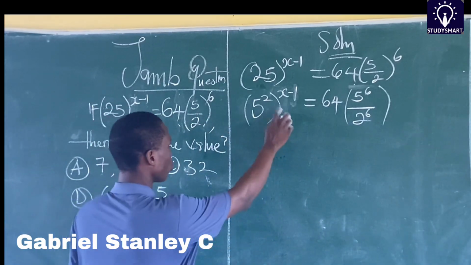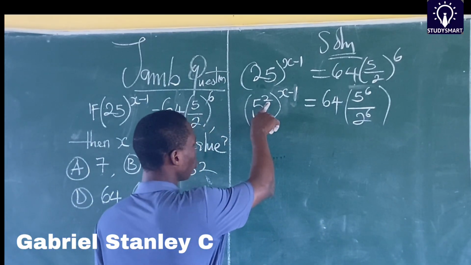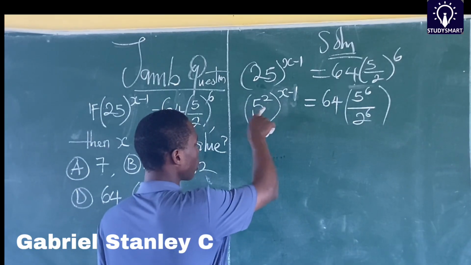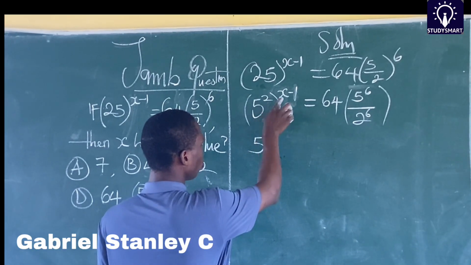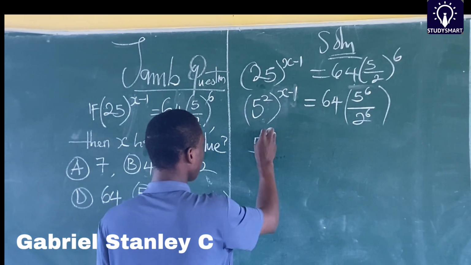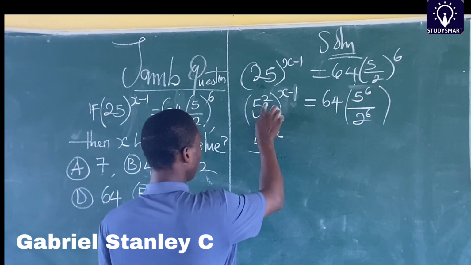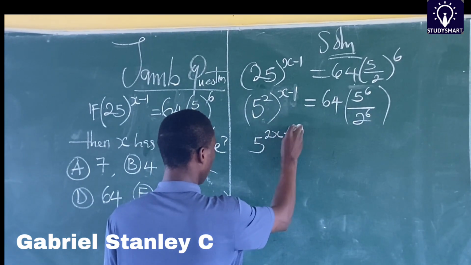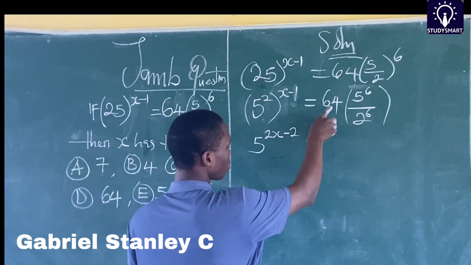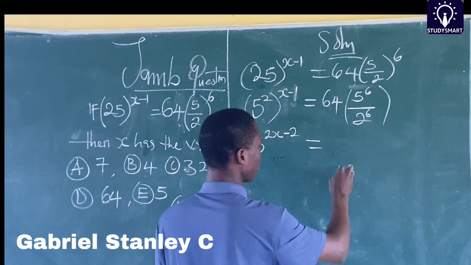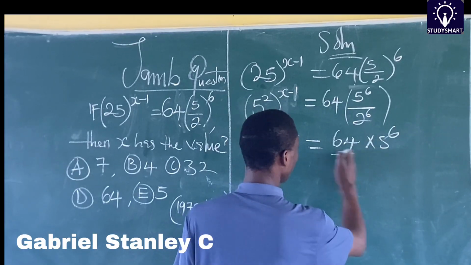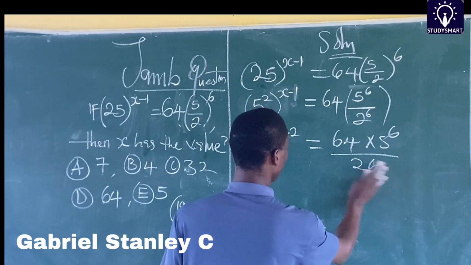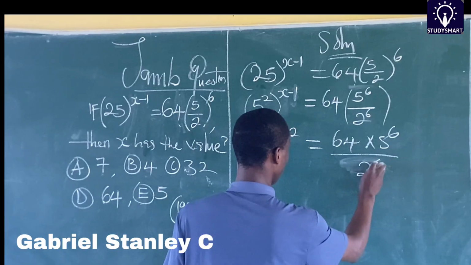From here, we are going to multiply the exponent of 5. So we are going to be having 5 raised to power 2 times x gives me 2x minus 2 times 1 gives me minus 2 equal to 64 times 5 raised to power 6 over 2 raised to power 6.